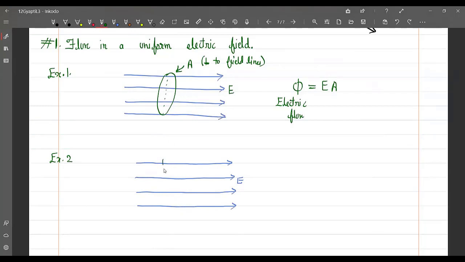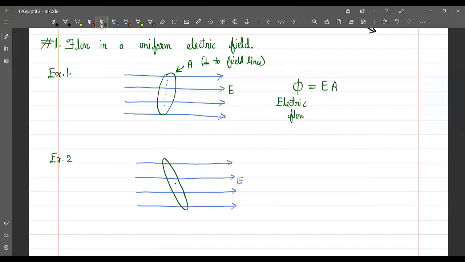I want to draw a circle, but standard is okay. So here my area is like this. If I directly multiply the electric field with area, then it will not give me the right answer, because this area is greater than this area, right?